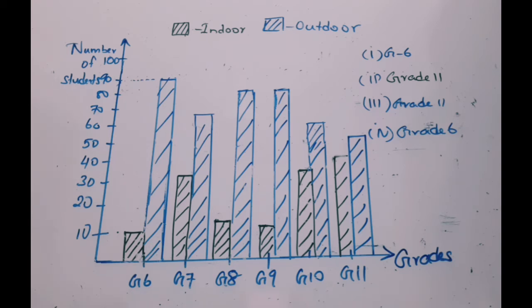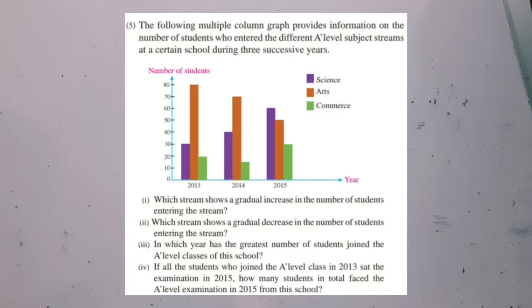So now let's do another question from your textbook. So now let's read this question, children. The following multiple column graph provides information on the number of students who entered the different A-level subject streams at a certain school during 3 successive years. So here they have differentiated with 3 colors for the 3 streams. Am I right? The purple one denotes the science stream, the brown one denotes the art stream, and the green one denotes the commerce stream.